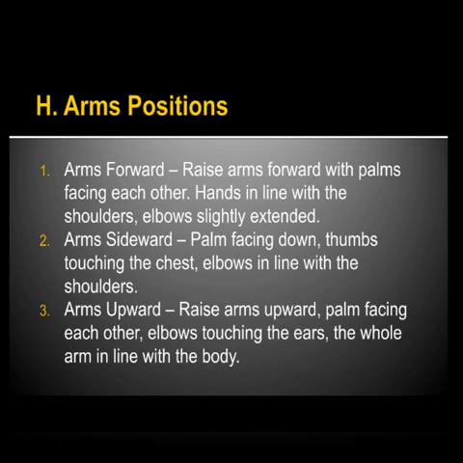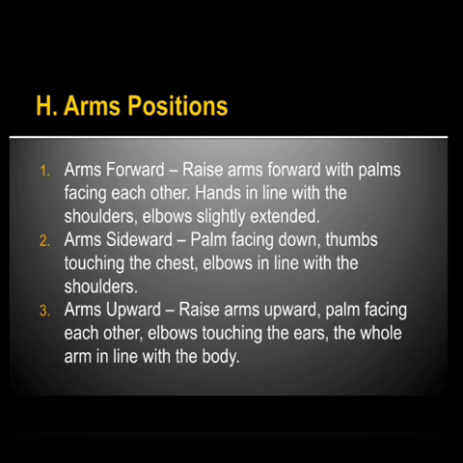Next is arms position. We have arms forward, the basic. Raise arms forward with palms facing each other, hands in line with the shoulders, elbows slightly extended. 2. Arms sideward.